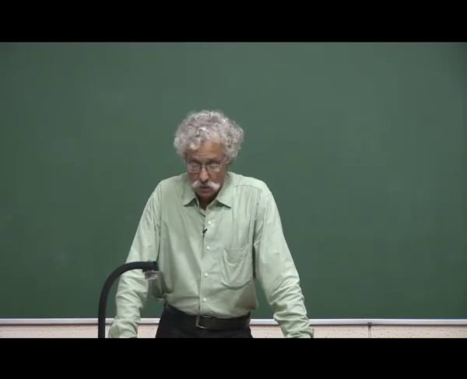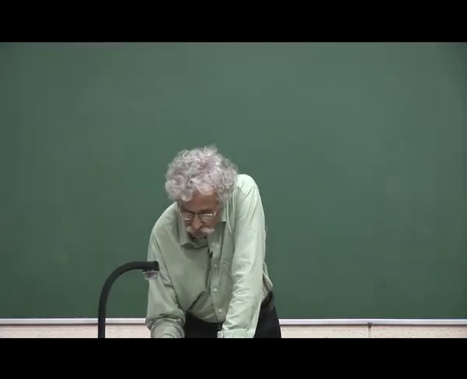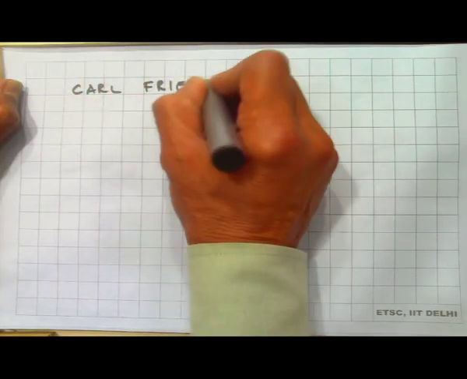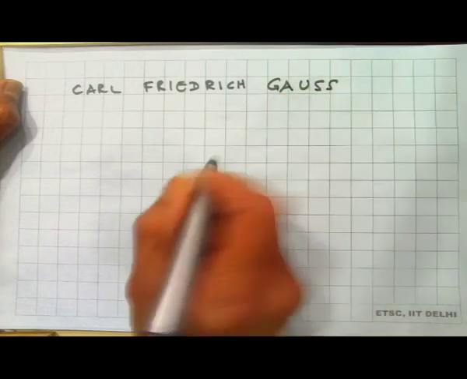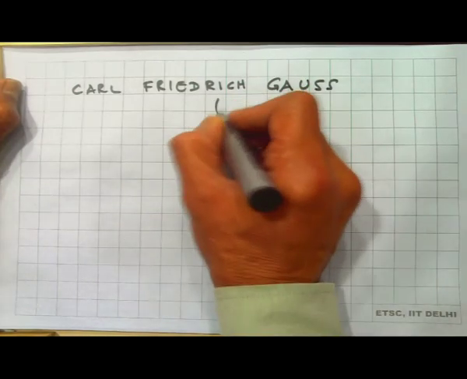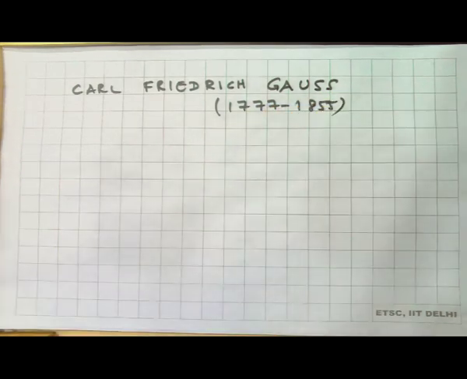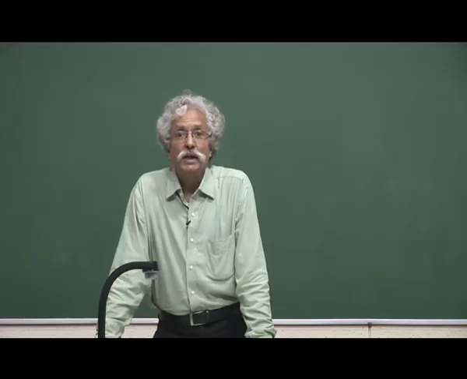So, this particular question was answered by a very famous scientist, Carl Friedrich Gauss, a German scientist who lived from the year 1777 to 1855. He was a great scientist who contributed to many fields including mathematics, astronomy, optics, electricity and magnetism, statistics and surveying, geodesy.